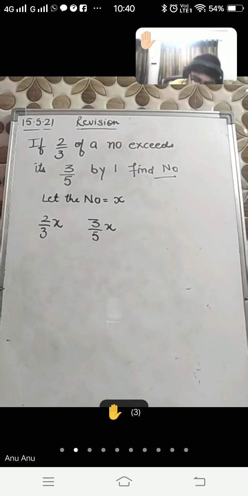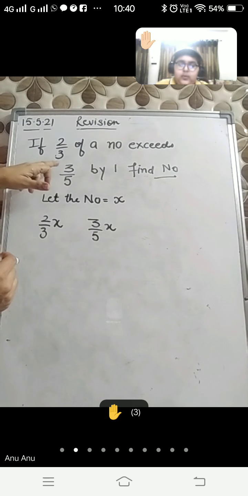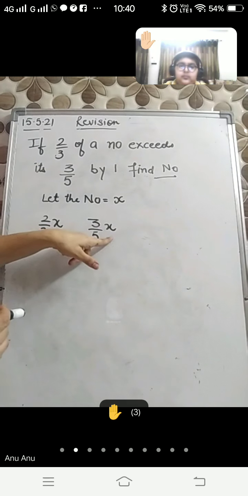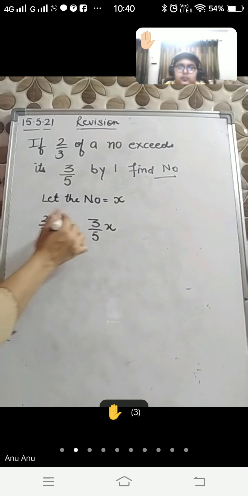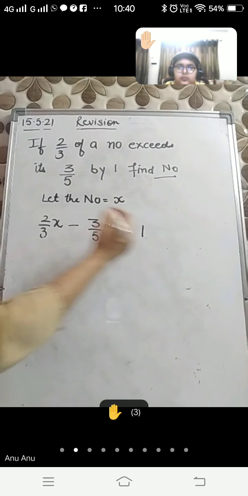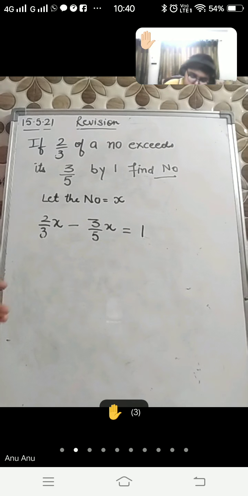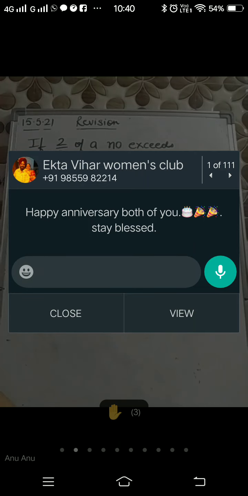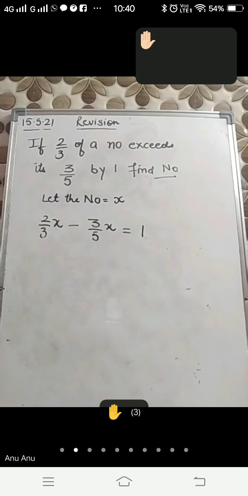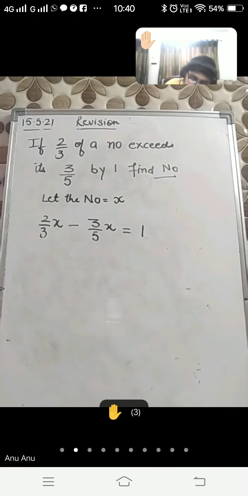The question is, if 2 by 3rd of the number exceeds its 3 by 5, that is, exceeds 3 by 5 of the same number, and the answer is 1. It is from the rational number chapter, from the hot questions I gave you. Solve this and get the value of x.